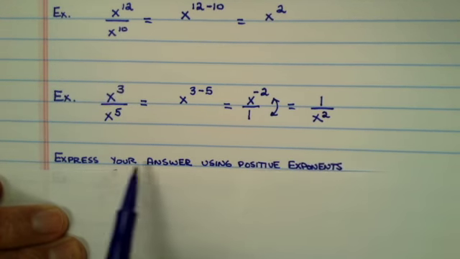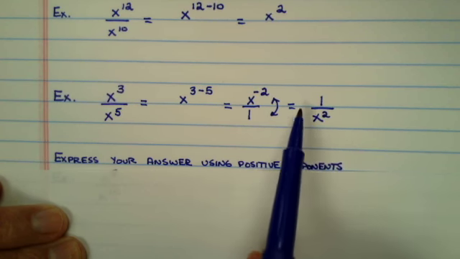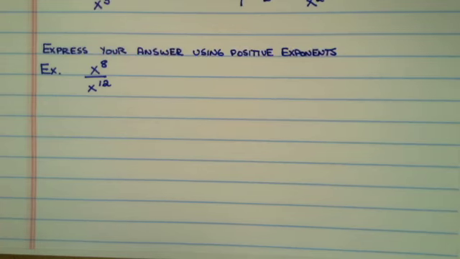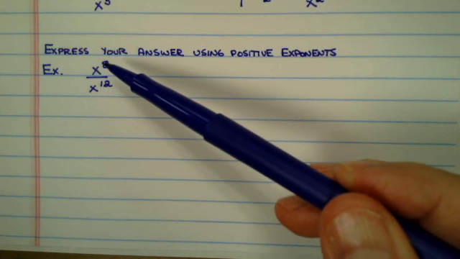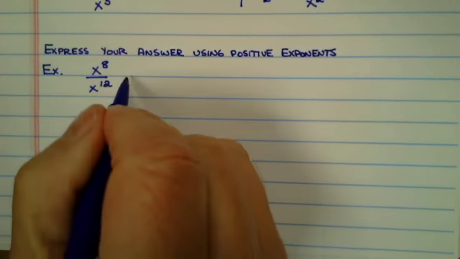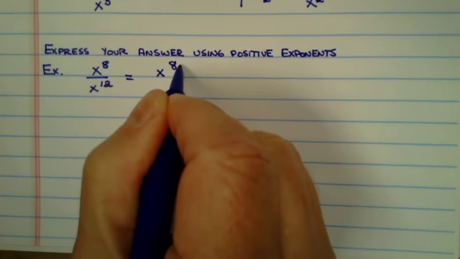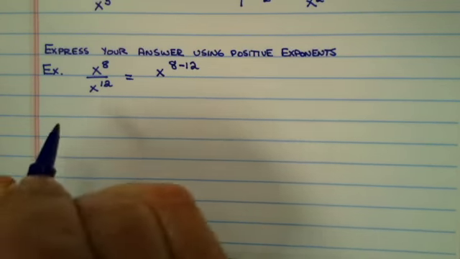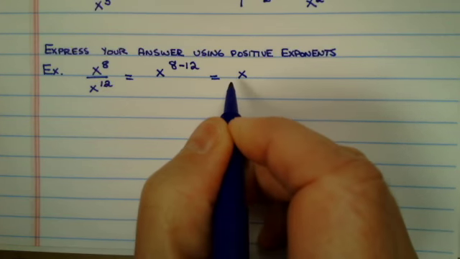So if it says express your answer using positive exponents, you're going to have to do this extra step right here. Let's try another problem where it says express your answer using positive exponents. What are we supposed to do with exponents? When we divide, we're supposed to subtract them. So I'm going to write x and I'm going to take 8 and subtract 12. The signs are different. If the signs are different, I subtract.